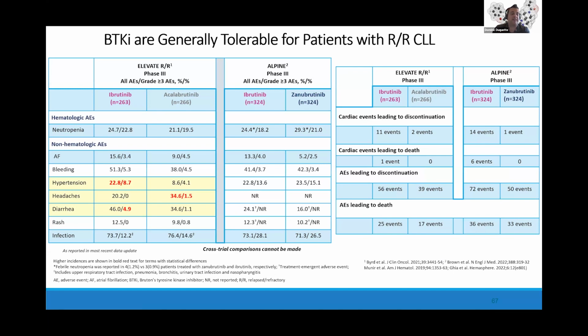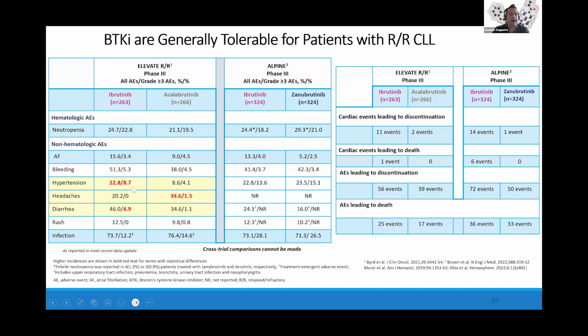For side effects, there was a difference in atrial fibrillation. With acalabrutinib, it was less for all-grade events, but not for grade 3 or higher, and not for all cardiac toxicity, which is not aligned, but there was less AF.